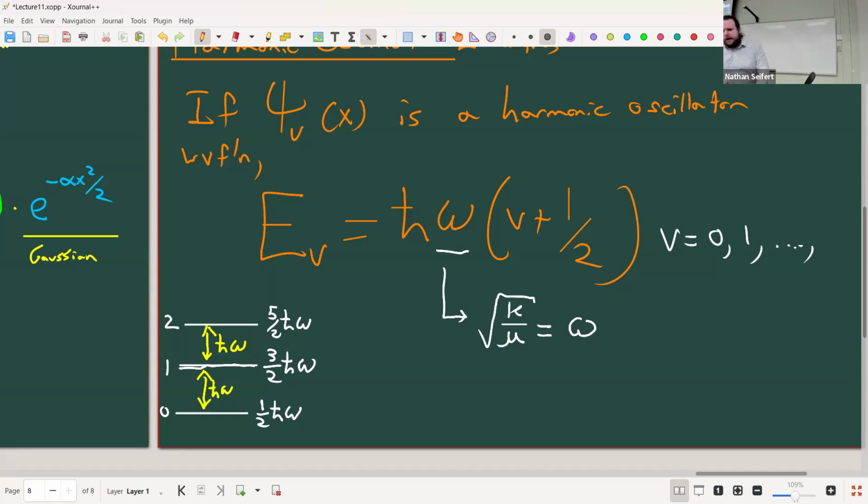That's what we mean by harmonic, because it follows a harmonic tuning. We have some fundamental tuning, 1/2 h bar omega, and all of our notes are octaves of that fundamental note.